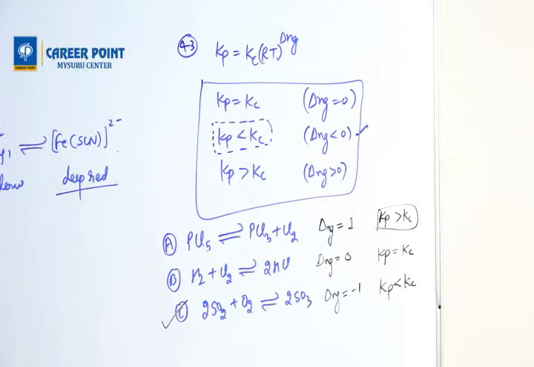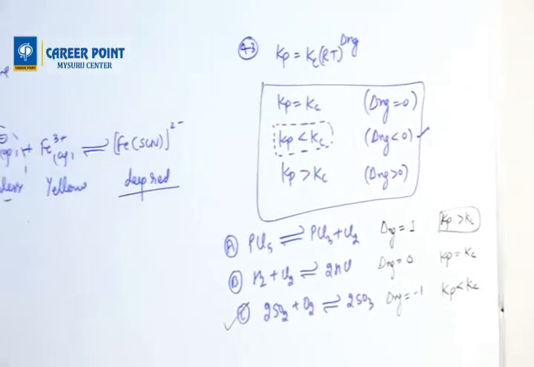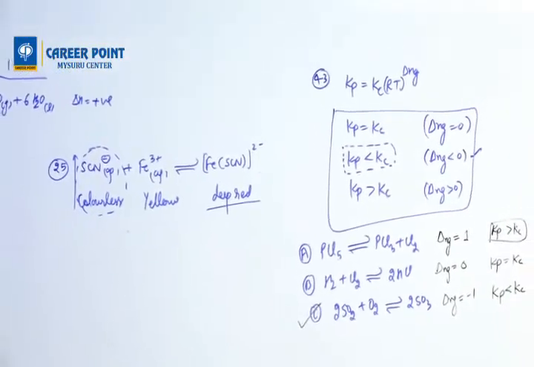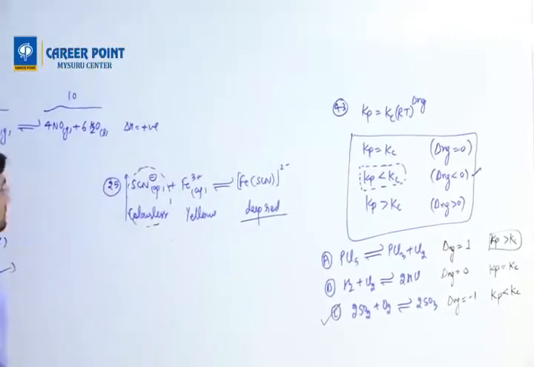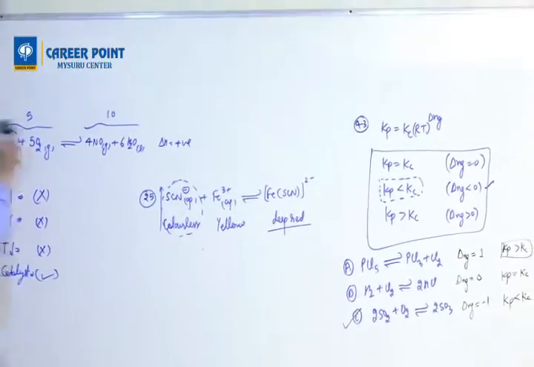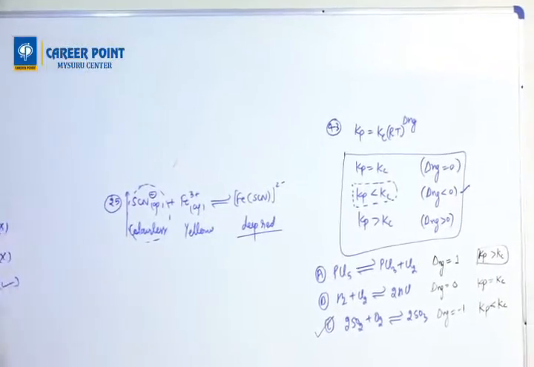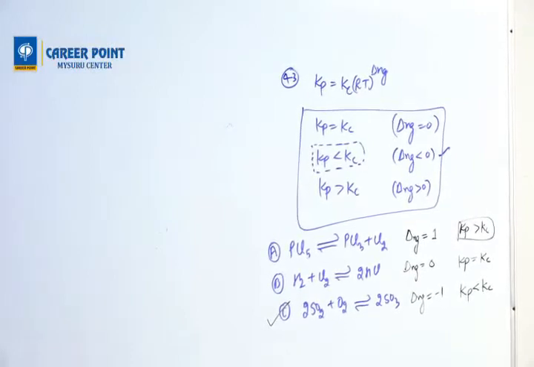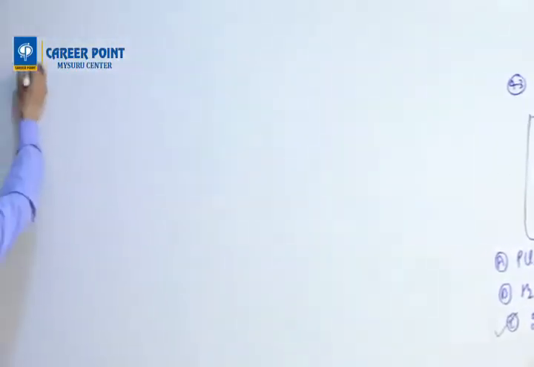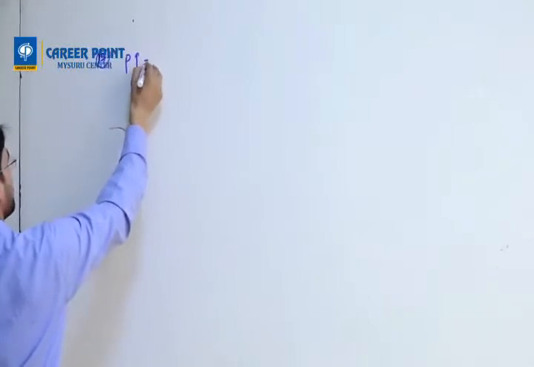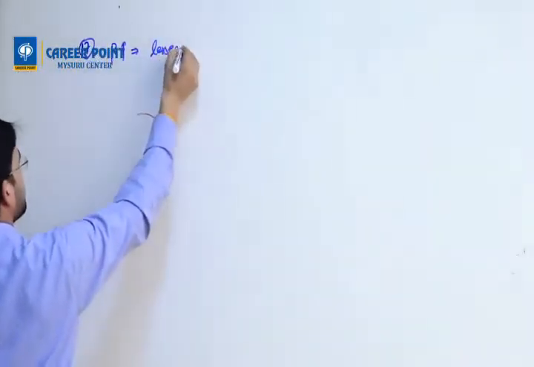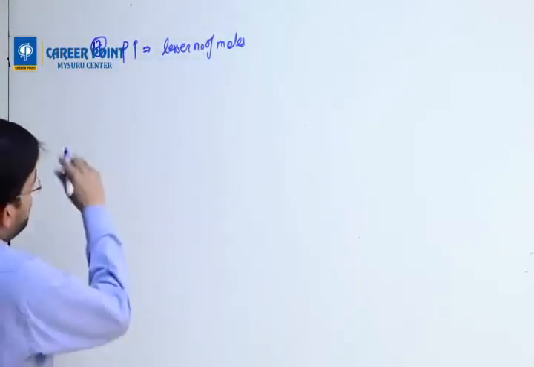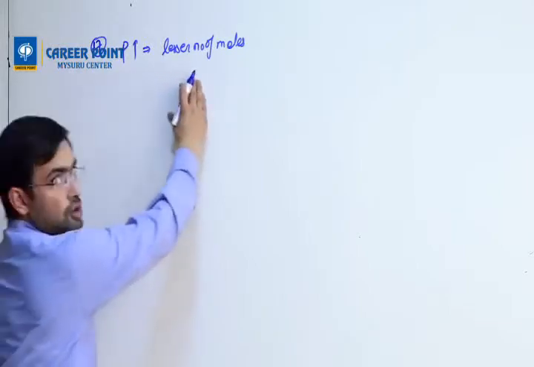Question number 17. Which of the following equilibrium is not affected by pressure? If you increase pressure, the reaction will go where a lesser number of moles are there. If you decrease pressure, it goes where more moles are there.